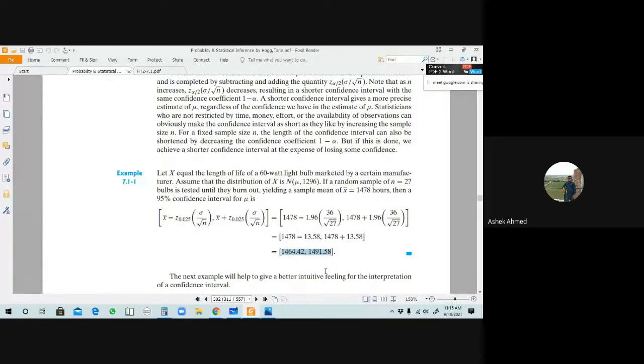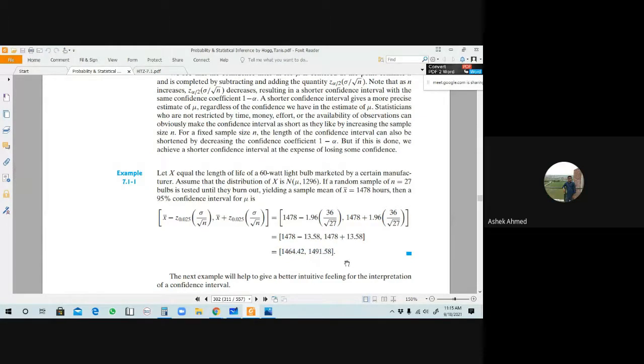That is the answer. So from here you can determine that the probability of this interval containing the mean mu is 95%, which means 0.95. That is what it means.